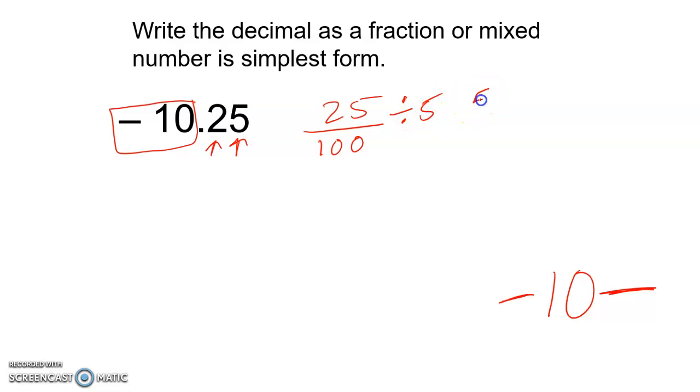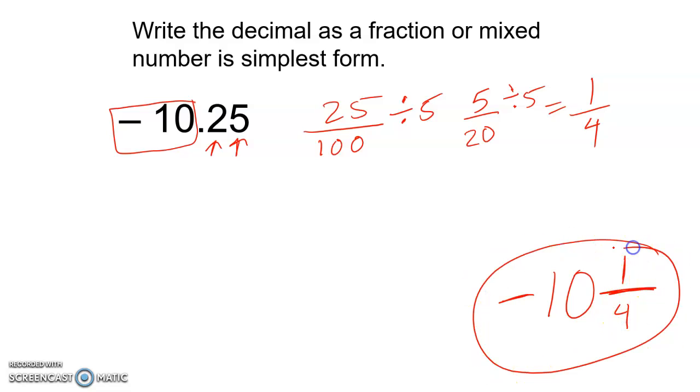That's going to give me 5 over 20, and then I take out another 5, and I end up with 1 over 4. So don't forget to put that 1/4 with the negative 10. So I end up with negative 10 and 1/4. All right. So again, figure out how many numbers to the right. That's how many zeros you put.